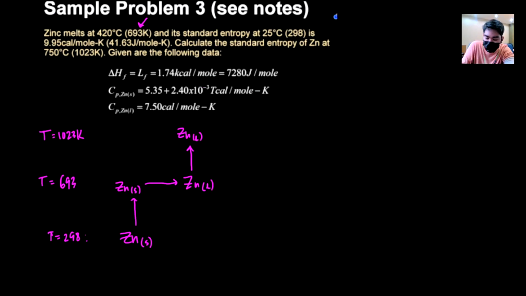Okay? So we started with state 1. Then we went to state 2. Tapos, umabot tayo sa state 3. Okay? So if we want to compute for the delta S of zinc liquid at 1023 Kelvin, then we actually just need to add all of the delta S. Kasi technically, this is delta S from state 1 to state 3.